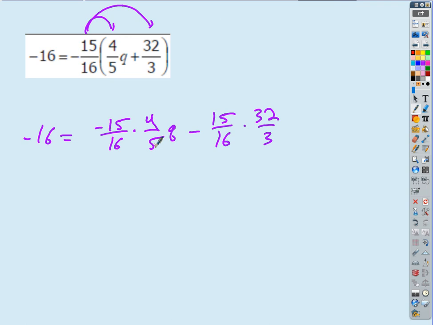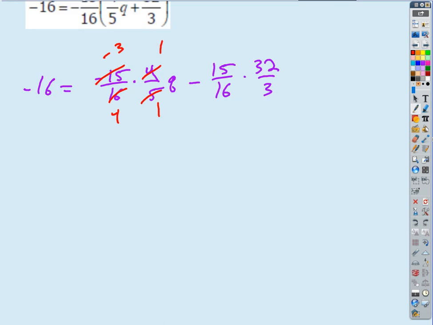-15/5 reduces to what? Yeah, I'm just going to get a -3/1. And 4/16? It's going to give me a 4 on the bottom and a 1 on top, right? So that first term, when I multiply straight across, I'm just going to get -3 times 1 over 4 times 1. So I'm just going to get -3/4 cubed, right?